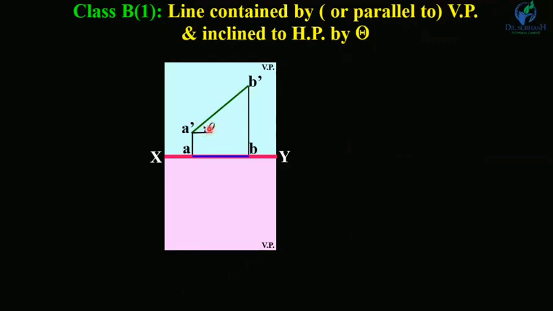So theta is inclination of true length with HP. Now here in this case, line is parallel to VP, so its top view is parallel to XY line. And here in this case, theta is equal to alpha. Alpha is the inclination of front view with XY line. Okay, so A dash B dash is equal to true length.